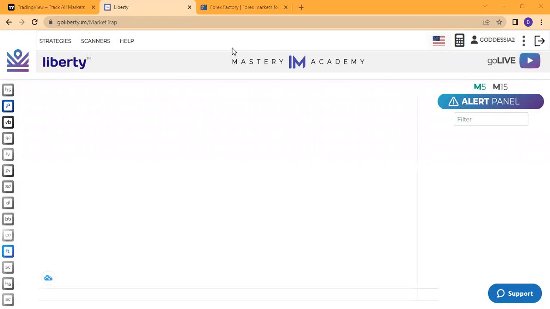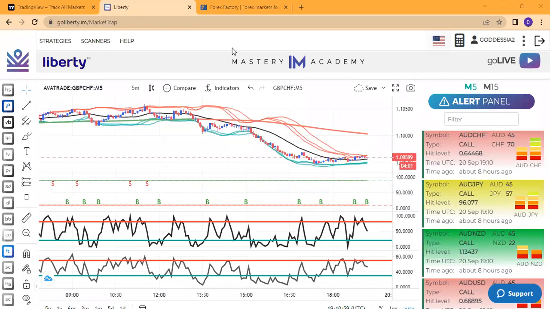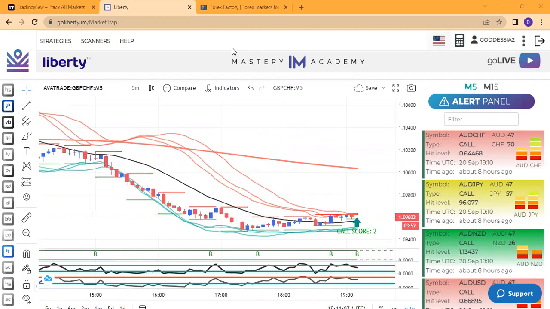So all you need to do is a break and retest. You wait for it to break your support, then come back and retest that support, because once you break that support it is now a resistance. Then you can take the trade.